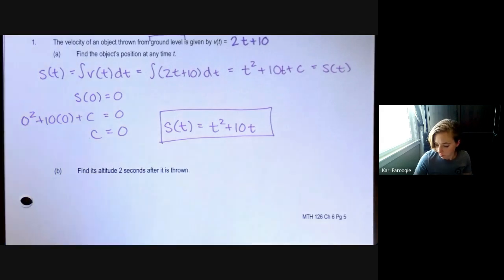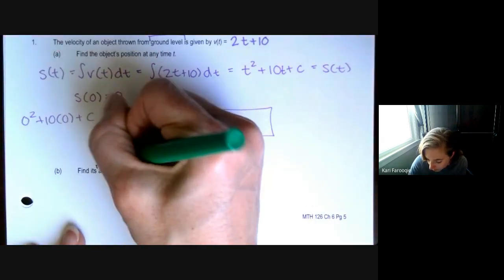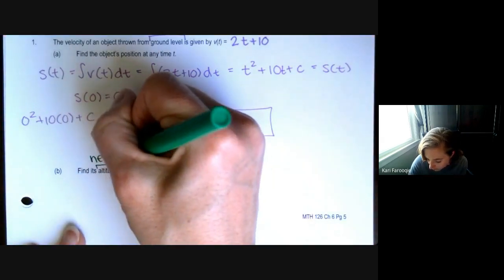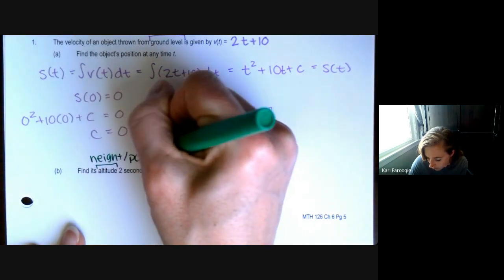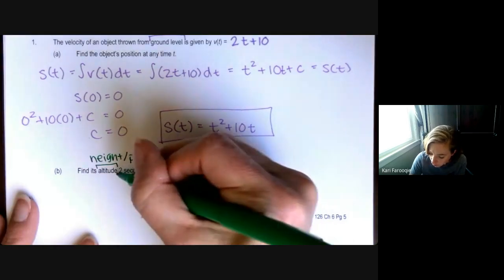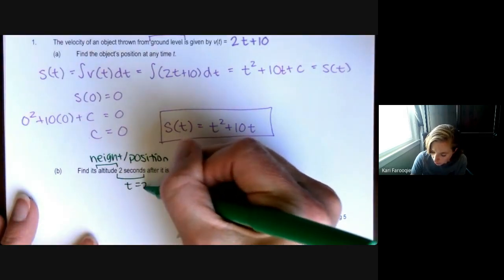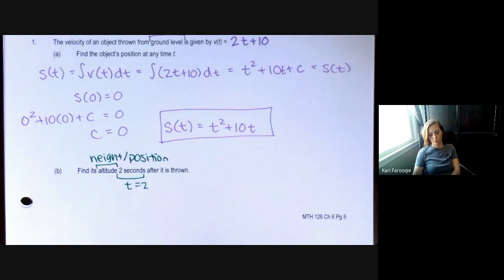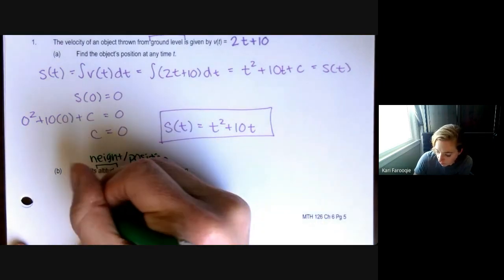So in this case, you can think of the altitude as being its height or its position. If we're looking at 2 seconds after it's thrown, that means t equals 2. So we're looking for the position at t equals 2. That means we just need to find s of 2.